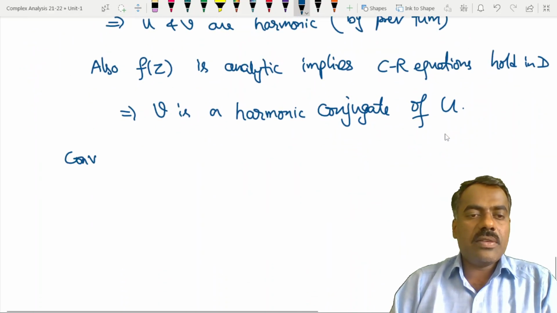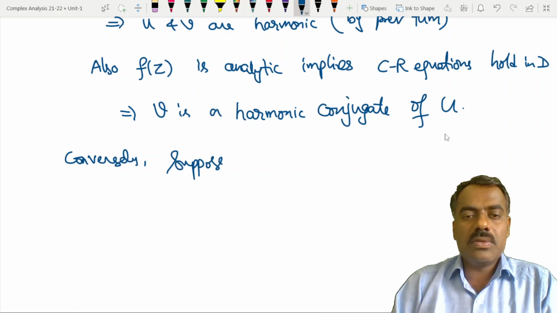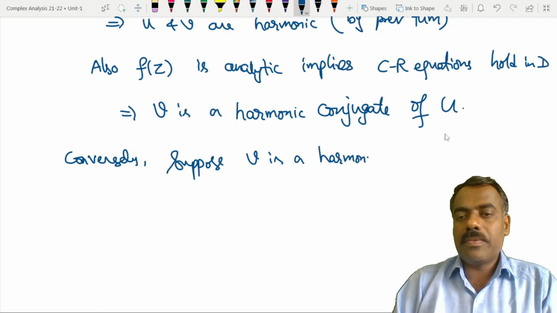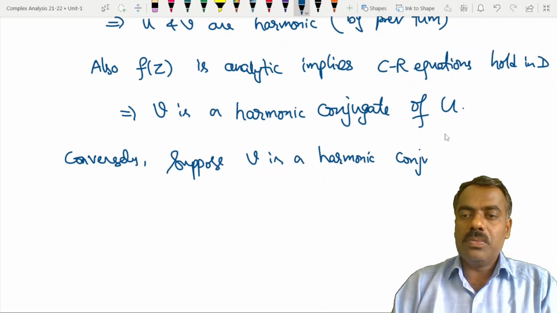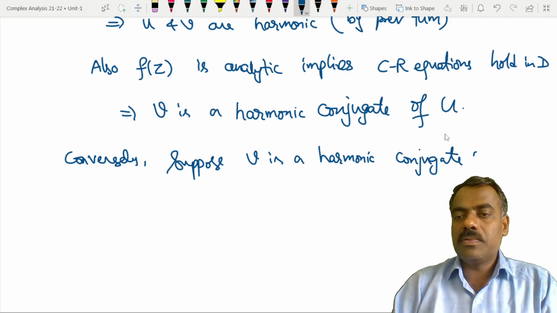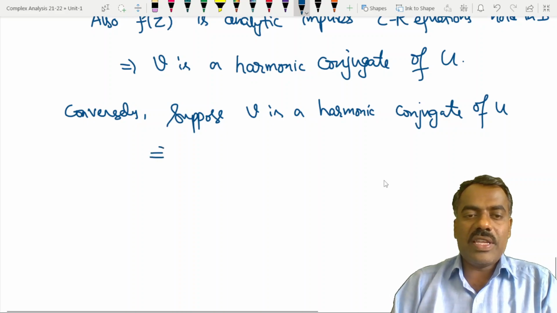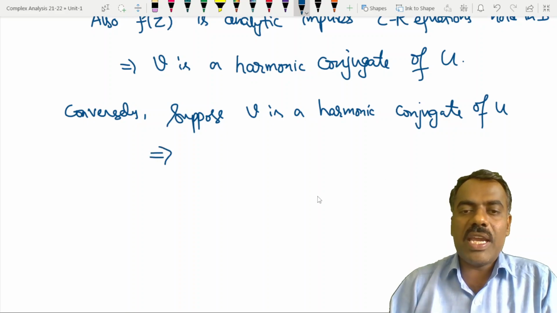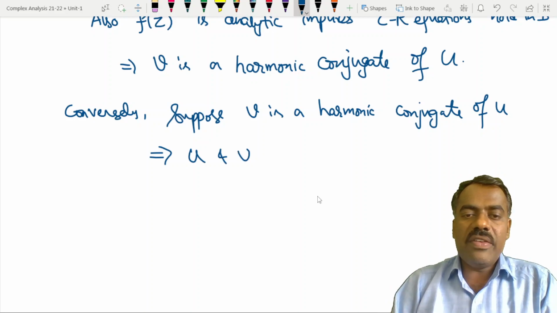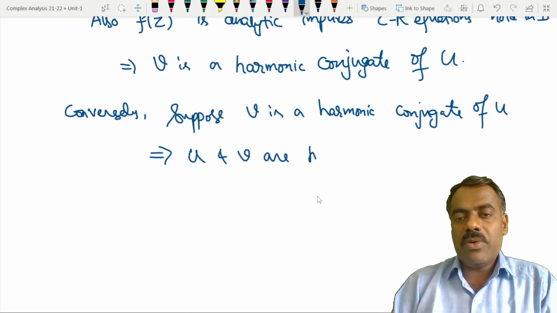So conversely, suppose V is a harmonic conjugate of U. By definition of harmonic conjugate, this implies U and V are harmonic functions, right?